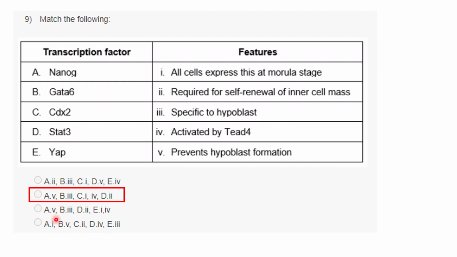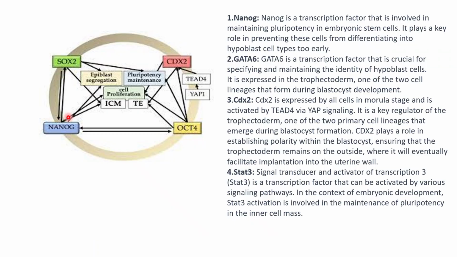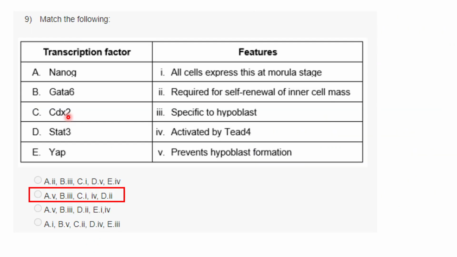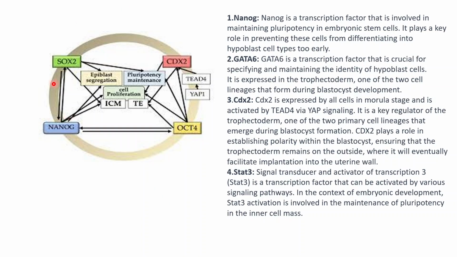So Ajay was correct in A, B, and D, but option E and option C, YAP and CDX2, are very closely related. YAP leads to activation of TEAD4, and TEAD4 then leads to activation of CDX2. So this is the relationship that I was talking about.